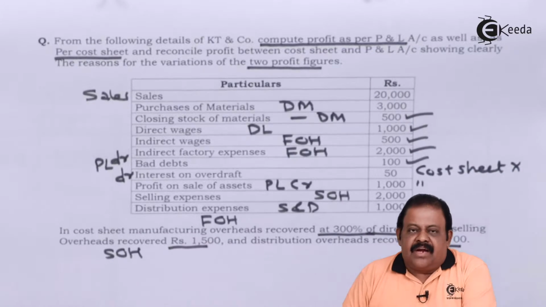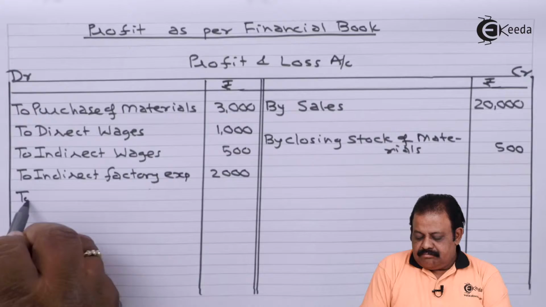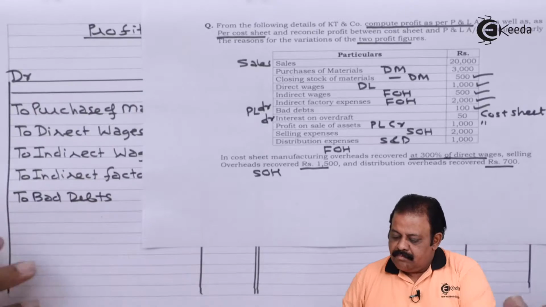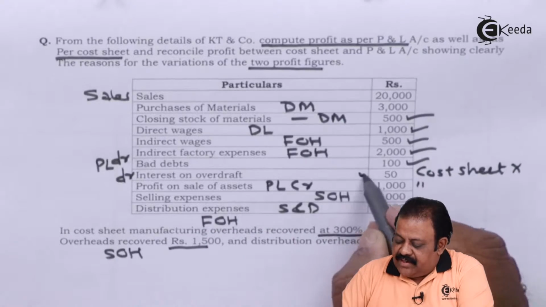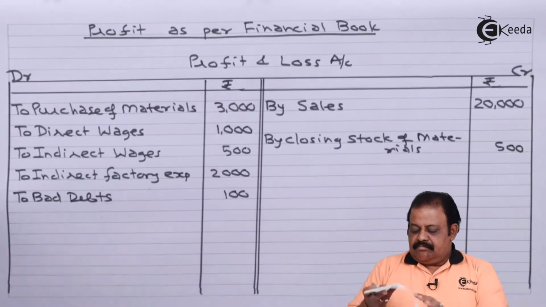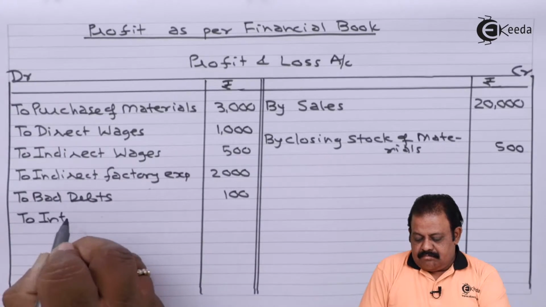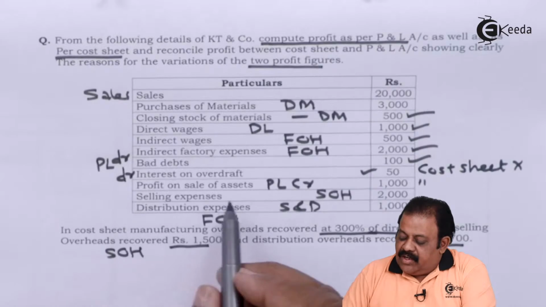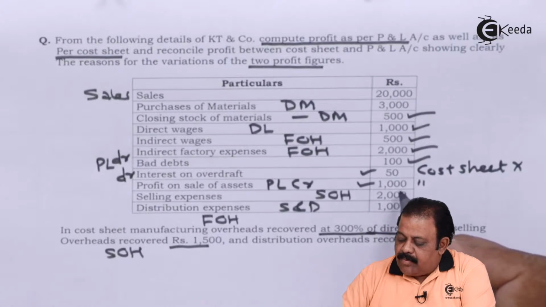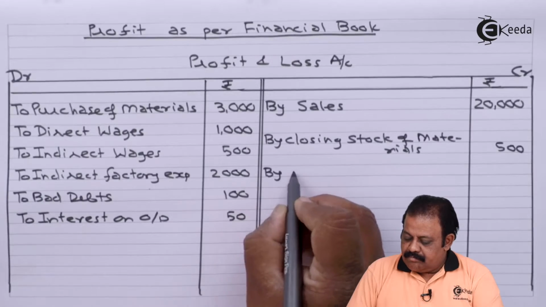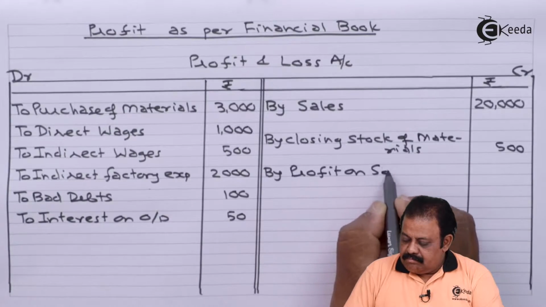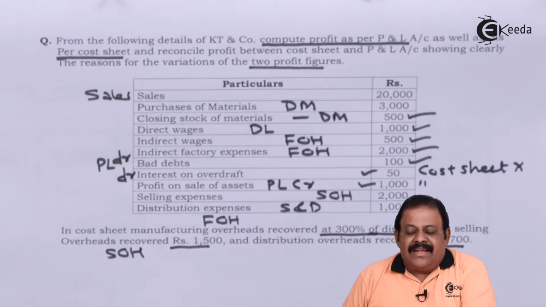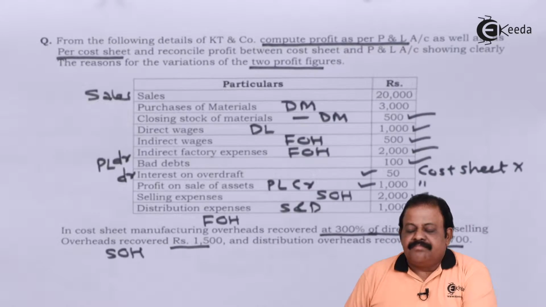Bad debts rupees 100, profit and loss account debit. Interest on overdraft rupees 50, profit and loss account debit. Profit on sale of asset rupees 1000, profit and loss account credit. Selling expenses rupees 2000.